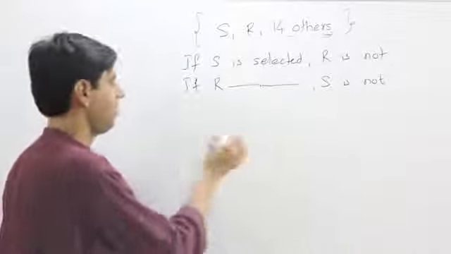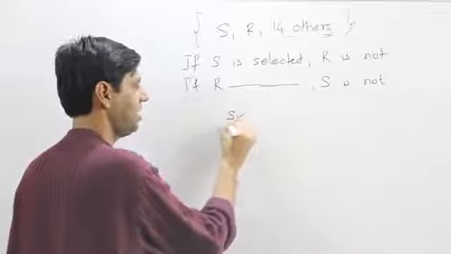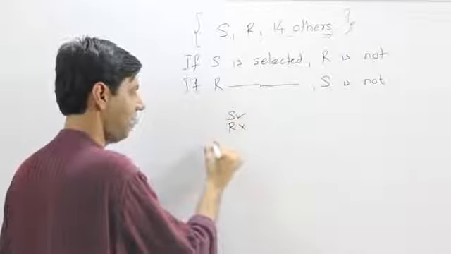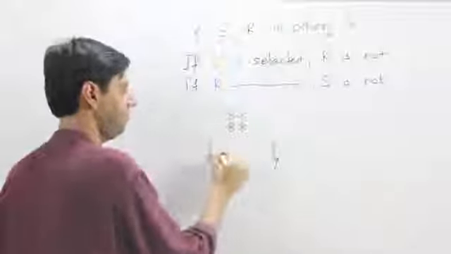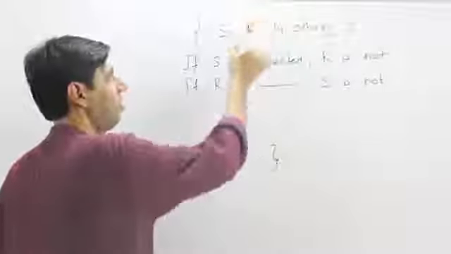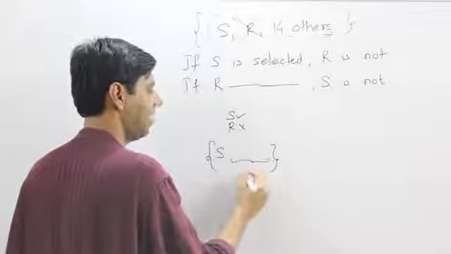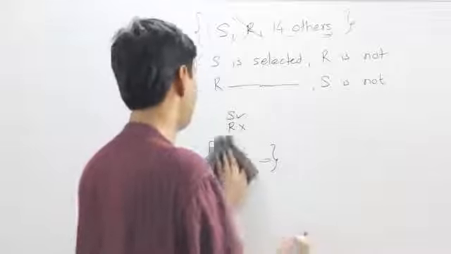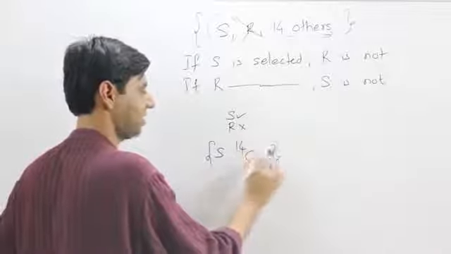Let's take cases of whether Sachin is selected, Rahul is not selected. How will this team look like? Sachin enters the team. Rahul is not present with us. So there are 14 players left and I need 10 more players. So in how many ways could I do that? I could do that in 14C10 ways.